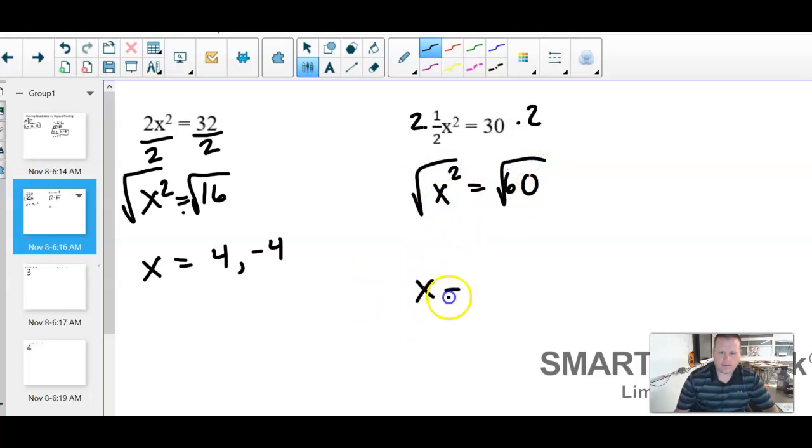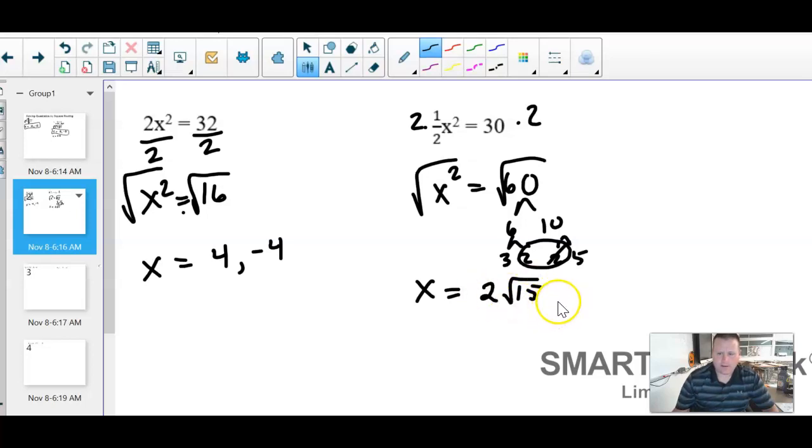And so I get x equals, this one is not a perfect square, so I need to break this down here. 3 and 2, 2 and 5. So I've got a group there, and 1 is gone. That means I'm going to have 2 square roots of 15 here.